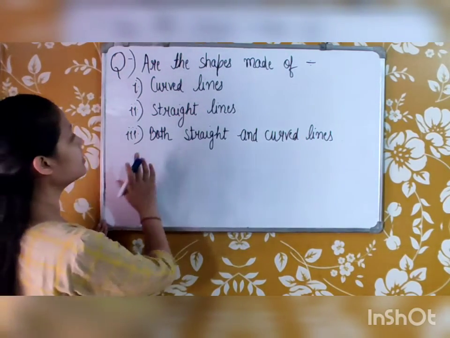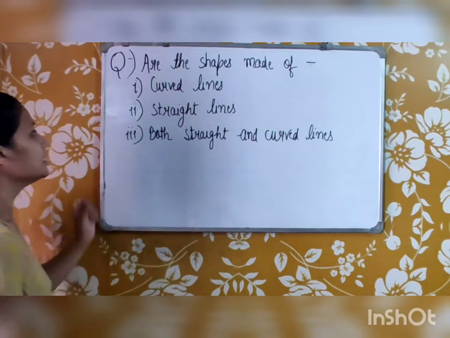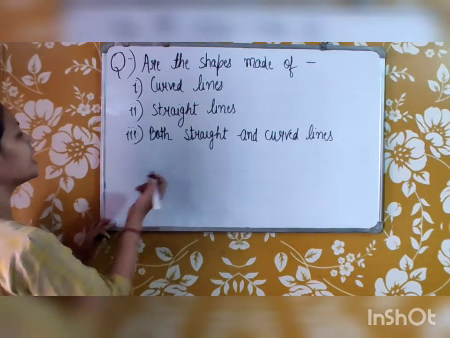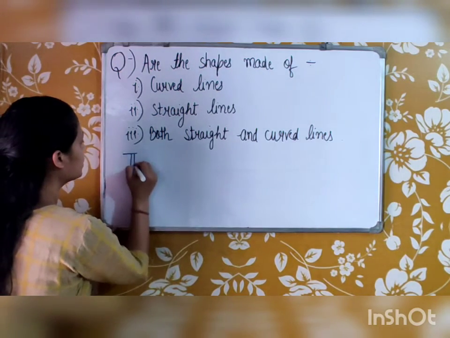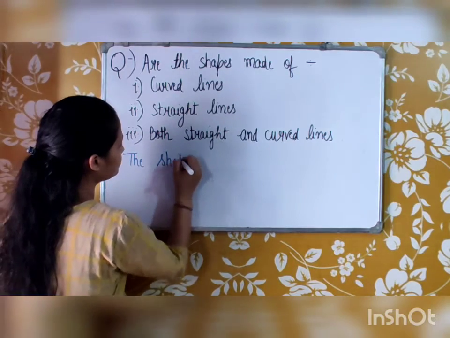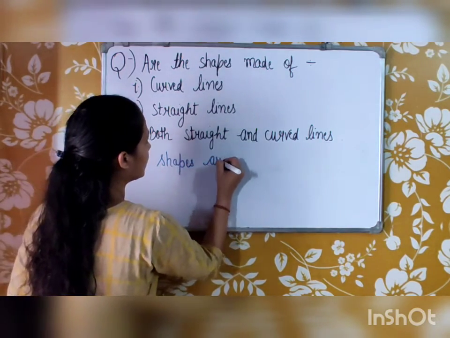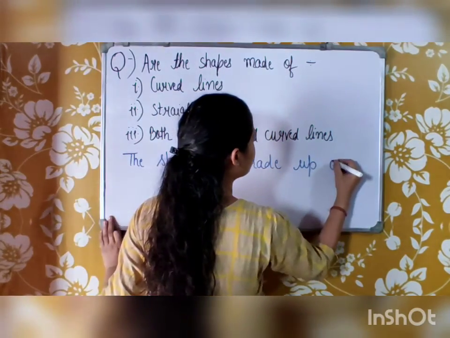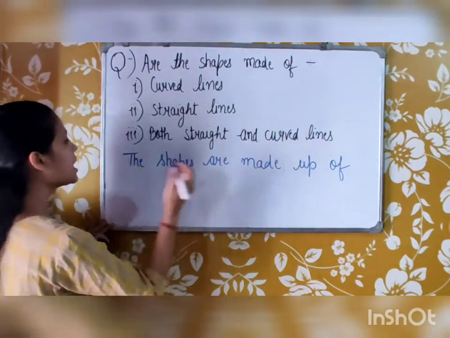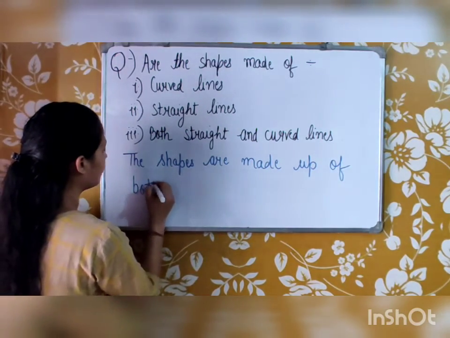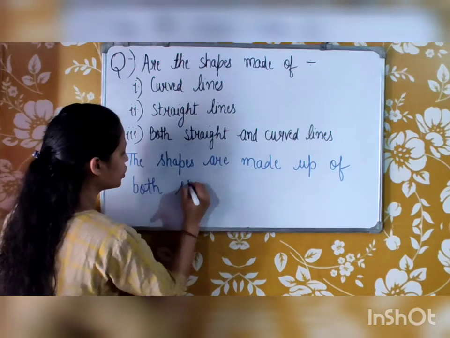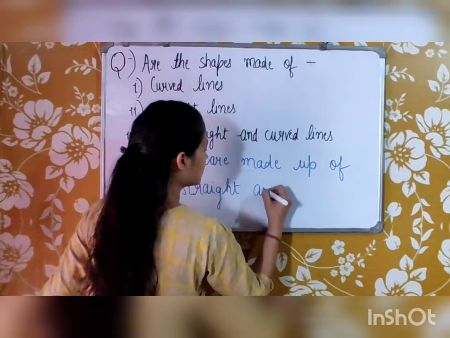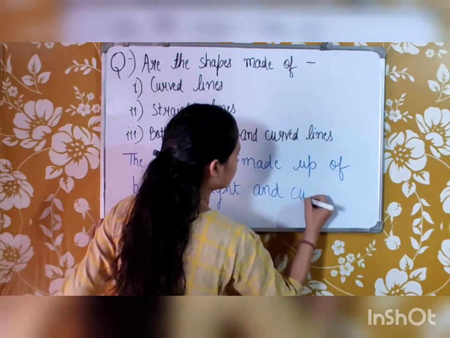We can see in your book that the shapes are made up of both straight and curved lines. So option number 3 will be right. So we will write here, the shapes are made up of both straight and curved lines.